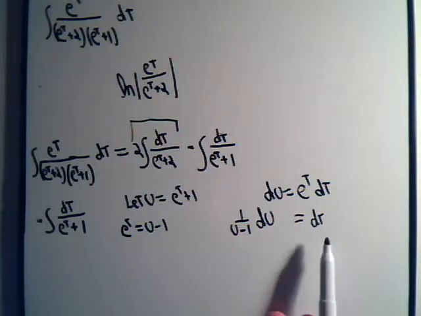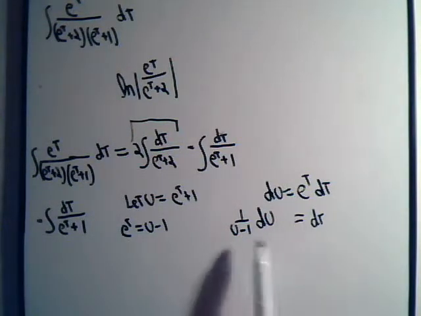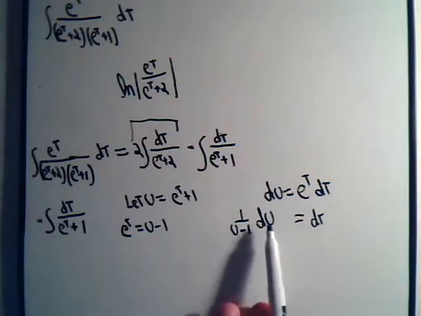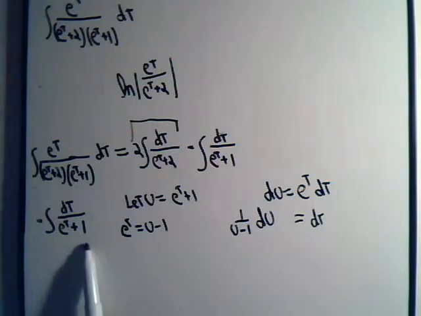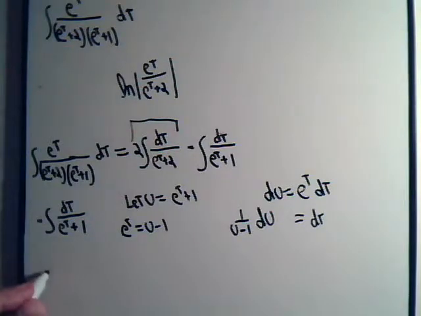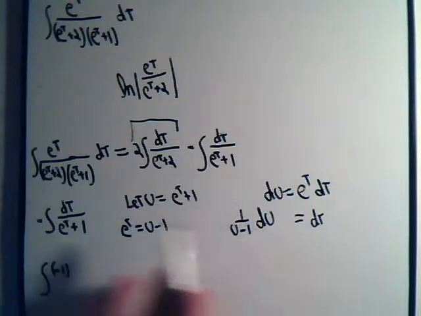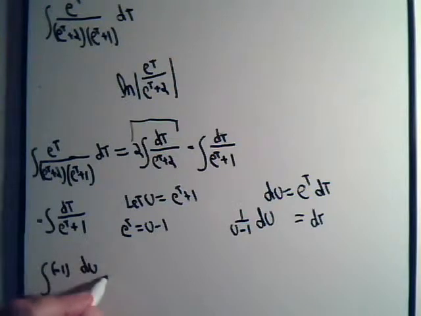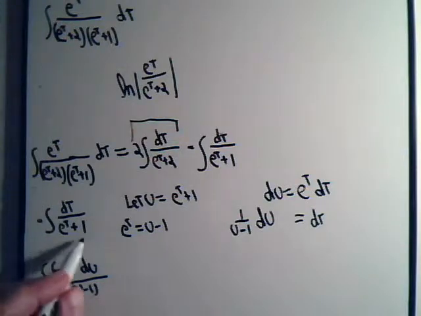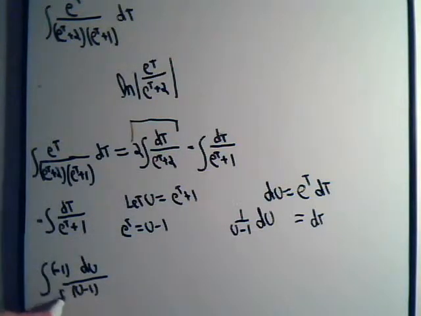Now we have an expression for dt expressed entirely in terms of the variable u. And this we called u, so we can rewrite this integral of minus 1, and dt is this. We'll have du divided by u minus 1. And this is u.